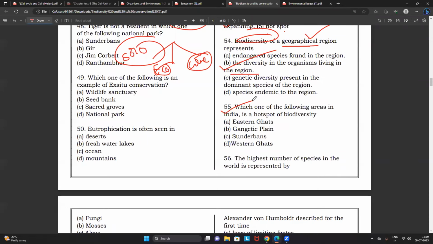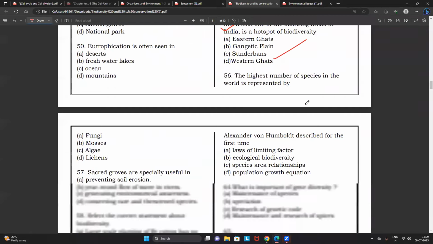Okay. Question number 55. Which one of the following areas in India is a hotspot of biodiversity? Every one of you, obviously, Western Ghats. Okay.